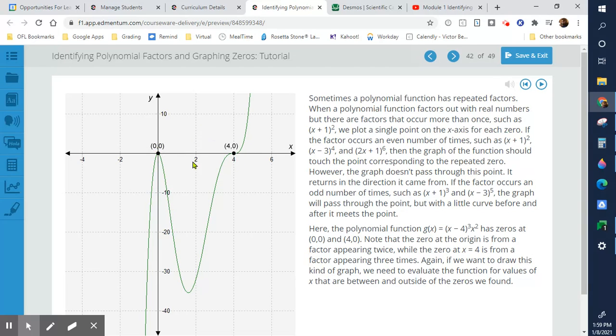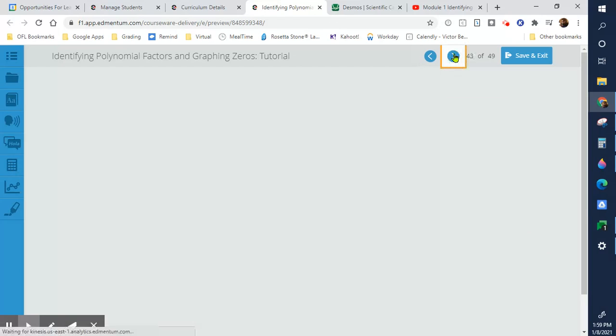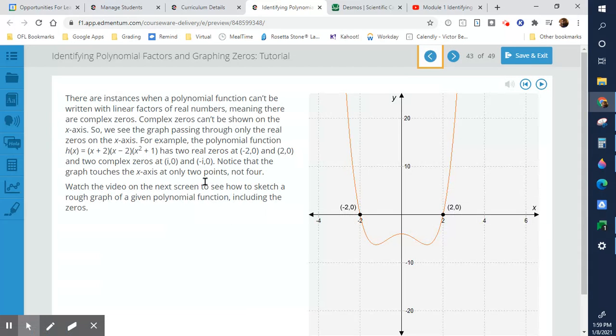So again, more zeros. One thing that they will cover is this thing called multiplicity. I don't know if they cover that here, but the idea of multiplicity is usually multiplicity 1, meaning it goes just straight through. Then there's multiplicity 2, meaning that it bounces.